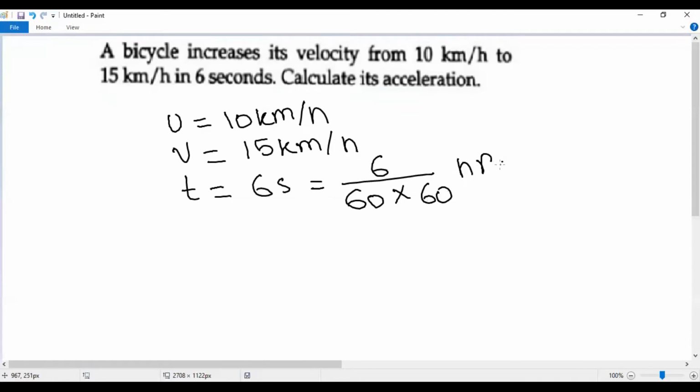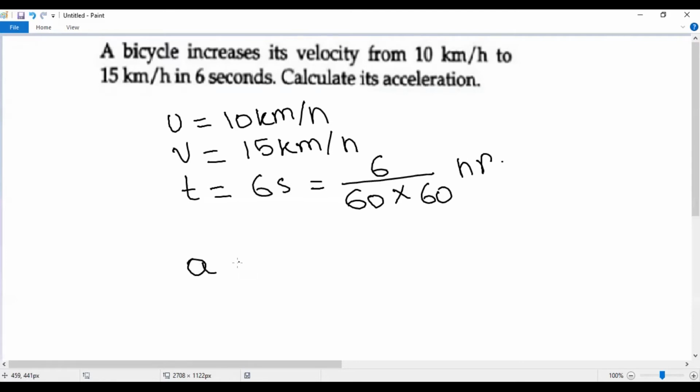As we know that 1 minute is equal to 60 seconds, then 1 hour is equal to 60 into 60 seconds. So to convert from seconds to hour, we have to do 1 by 60 into 60. So here, as it is given 6 seconds, we have to do 6 by 60 into 60.